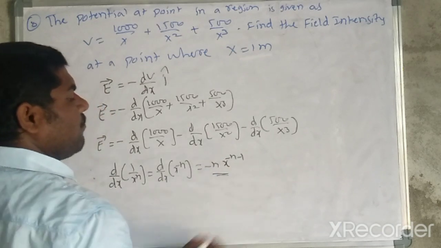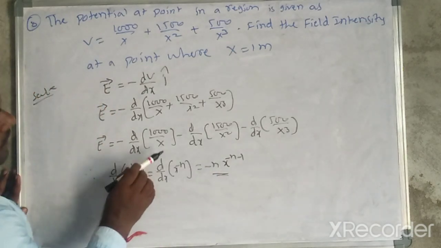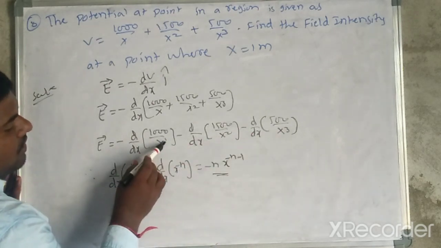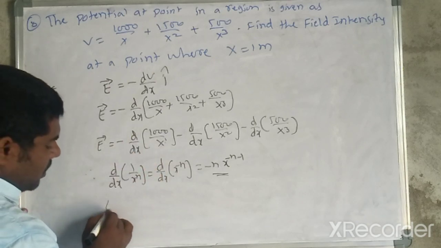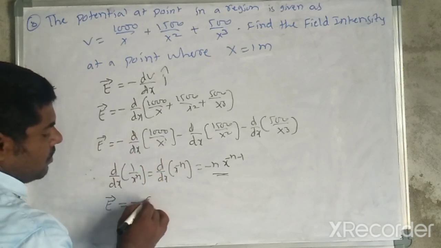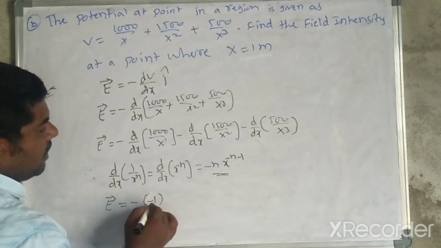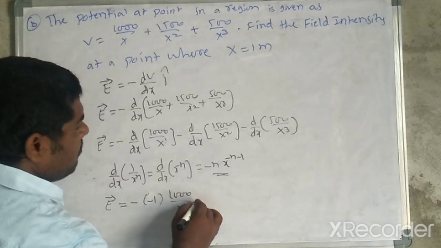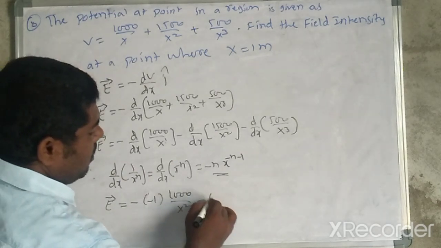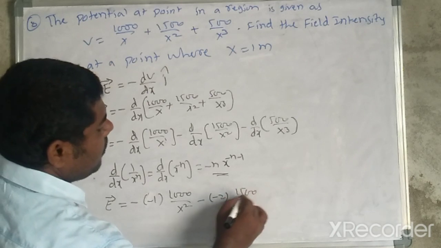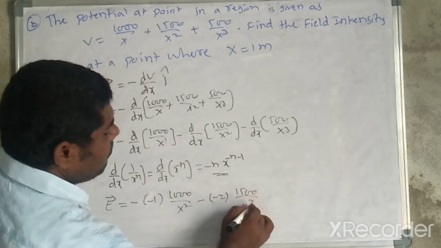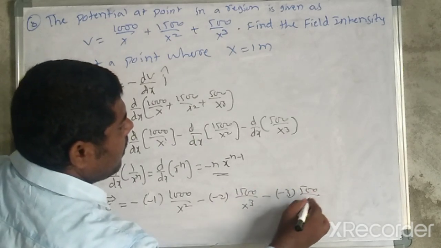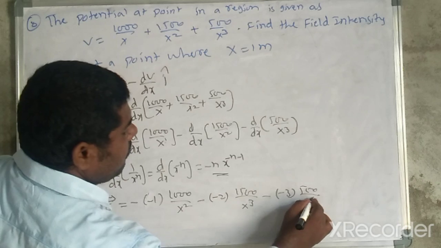Here n is 1 in the first case, 2 in the second, and 3 in the third. So the electric field is equal to minus of minus 1 into 1000 by x square, minus of minus 2 into 1500 by x cube, minus of minus 3 into 500 by x power 4.